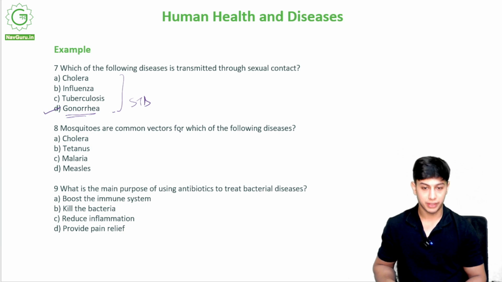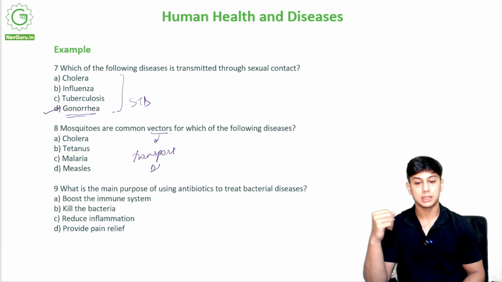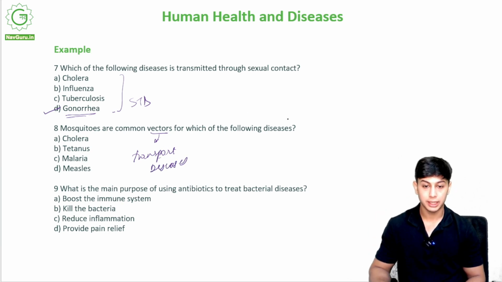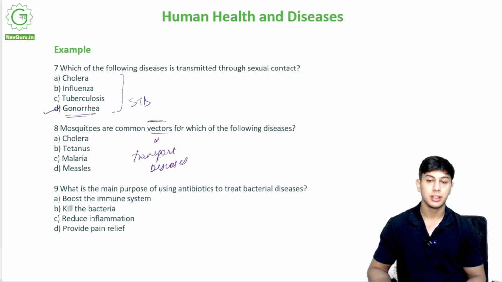Mosquitoes are common vectors for which of the following diseases? So they are vectors, means they transport diseases. Okay, they can transport diseases easily, right? So these are vectors, vector borne diseases, the insects which contain the disease and they transmit it.